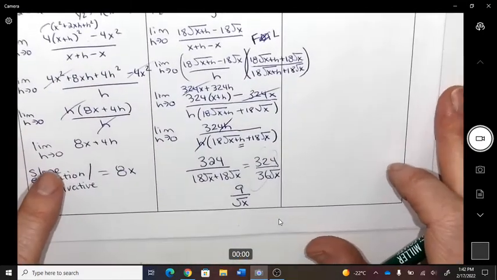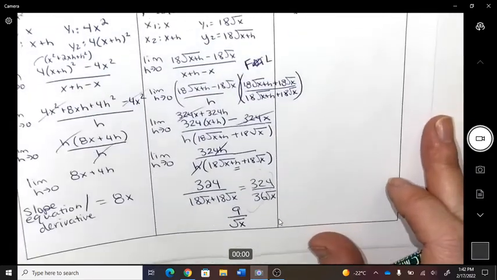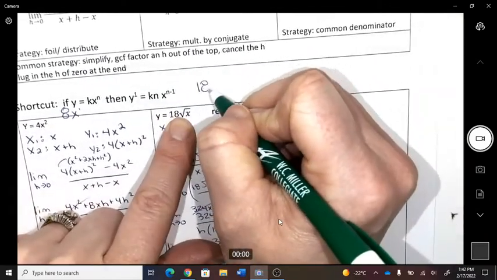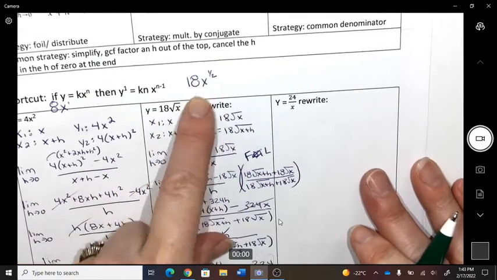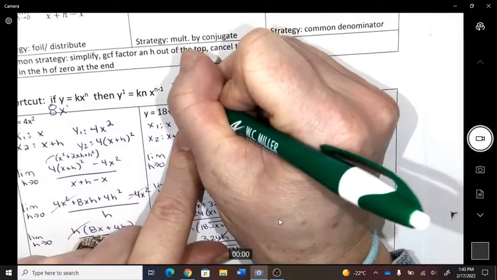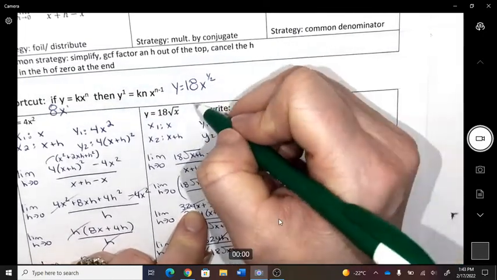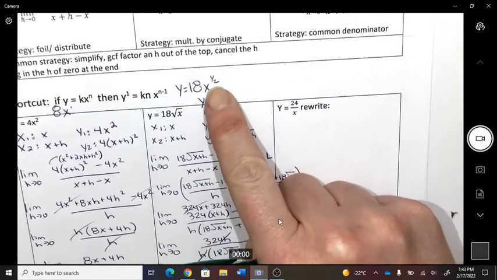Okay, so let's do the short method. Let's just double check here that we got that right. Okay, so this is rewritten like that. I'm just rewriting it. So when I derive it, what's 18 times a half?